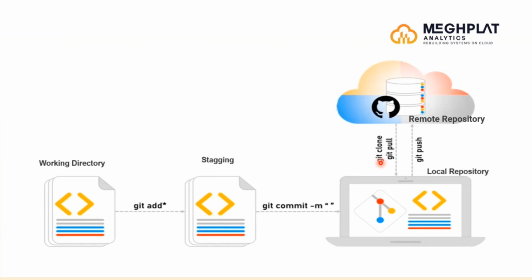But we don't have that repository on our local machine. So we want to get that repository on our local machine. For that we can clone that repository. Cloning means the repository which is already available in the remote repository, we can get it on our local machine, that is called git clone. For git clone, we use the git clone command.